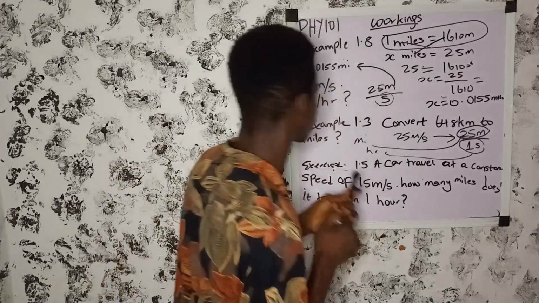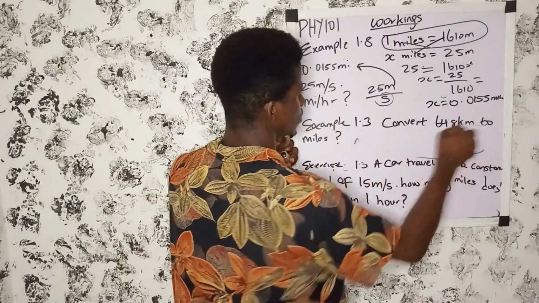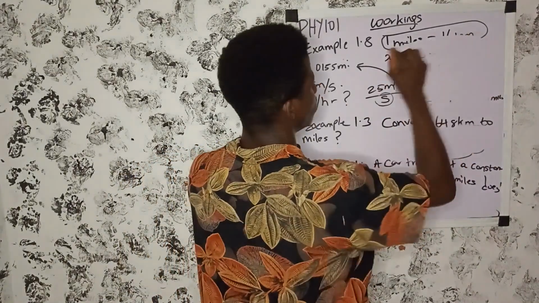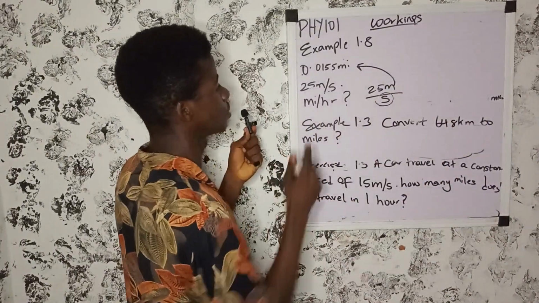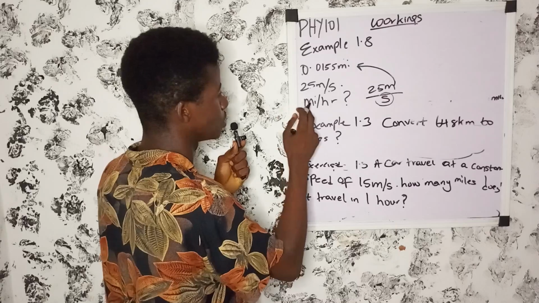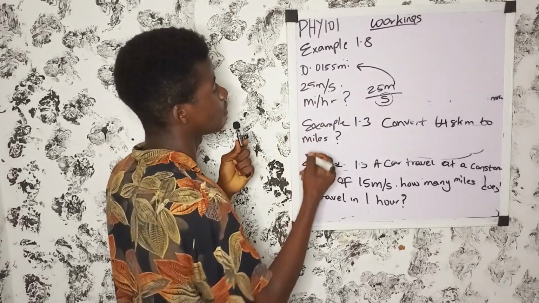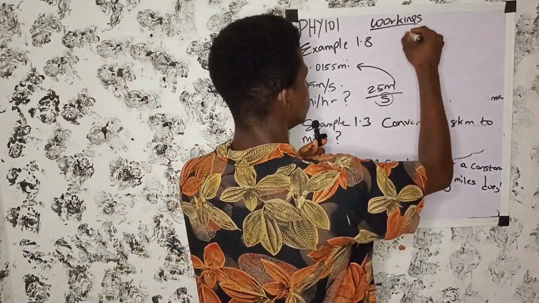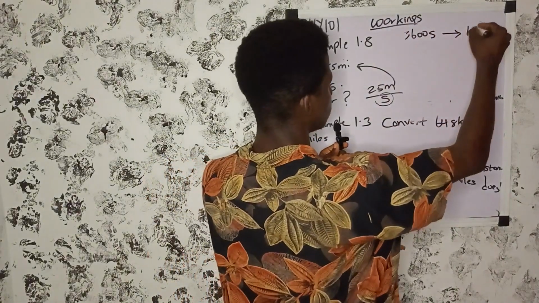So let's continue. Let's convert 1 second to hours. We have already converted 25 meters to be 0.0155 miles. Now we have to convert 1 second to hours. I told you guys in the previous video that 3,600 seconds is equal to 1 hour.